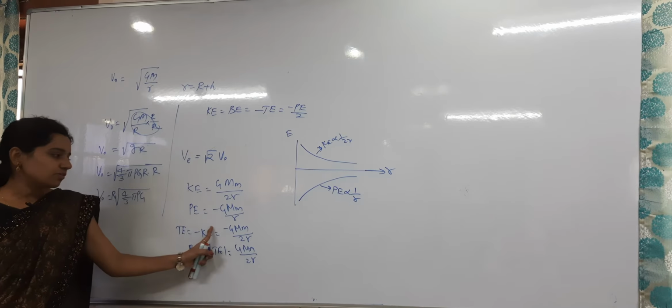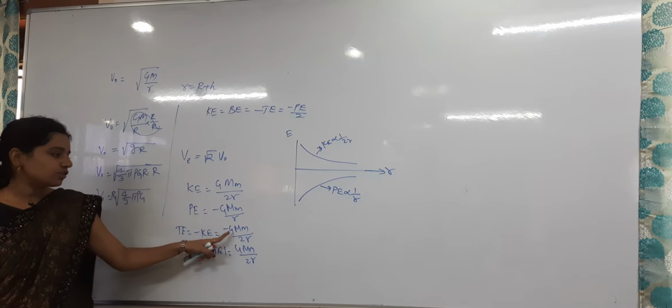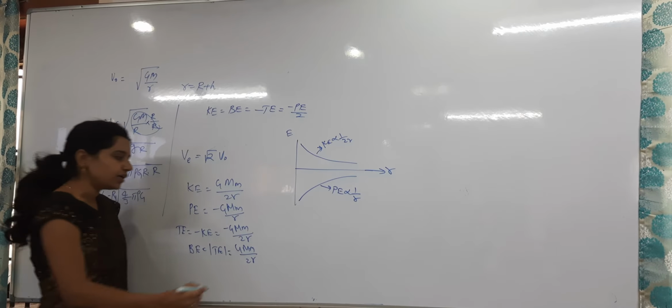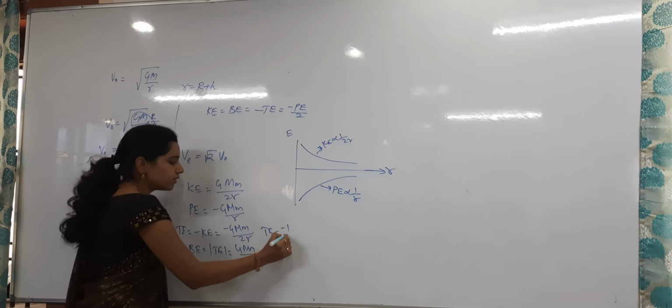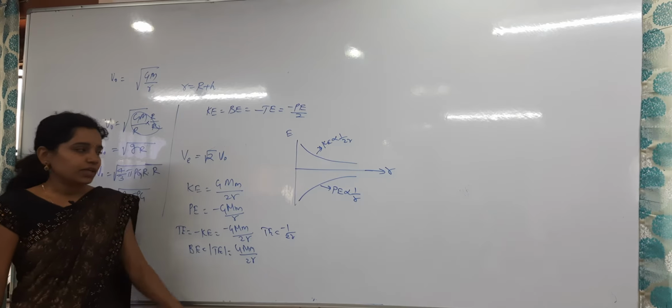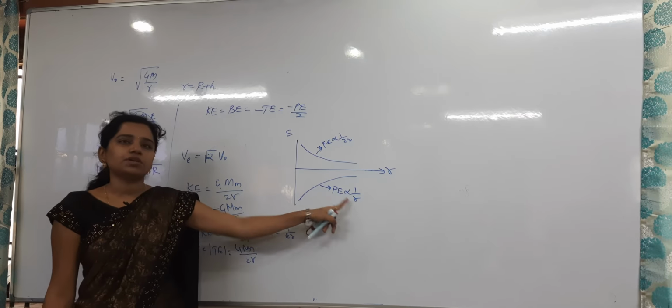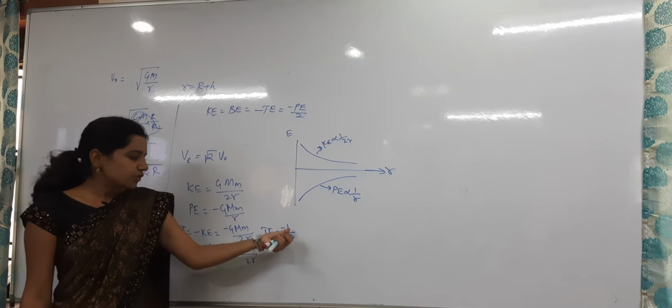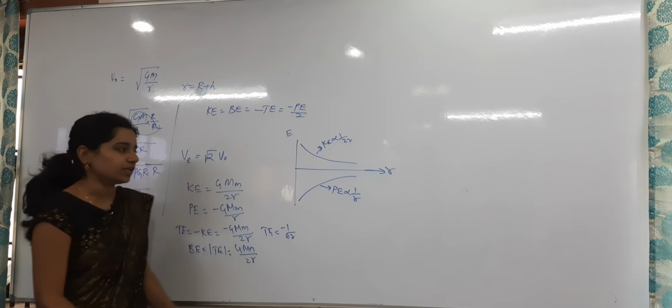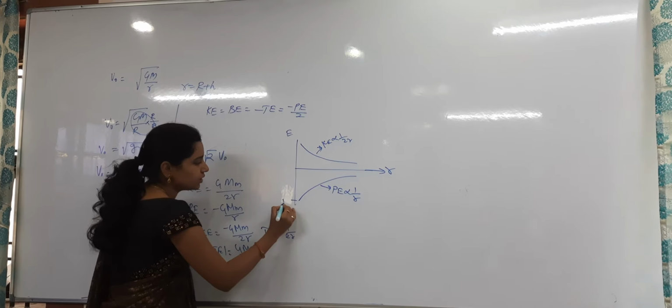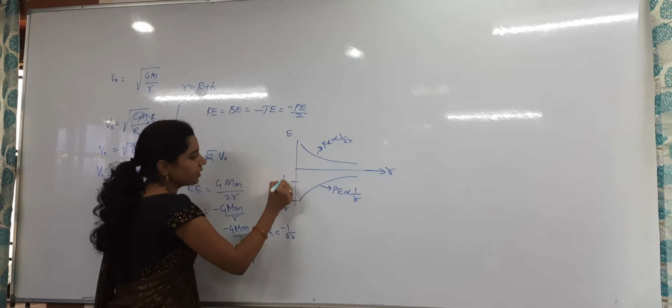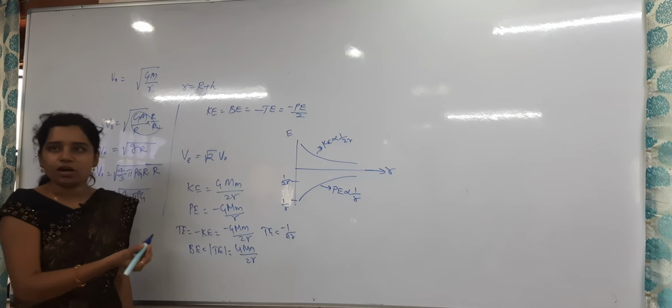Next, total energy is how much? Total energy is equal to minus GMm by 2r, nothing but total energy is inversely proportional to 2r. Inversely proportional to 1 by 2r, this is 1 by r, and 1 by 2r will be half of the 1 by r.